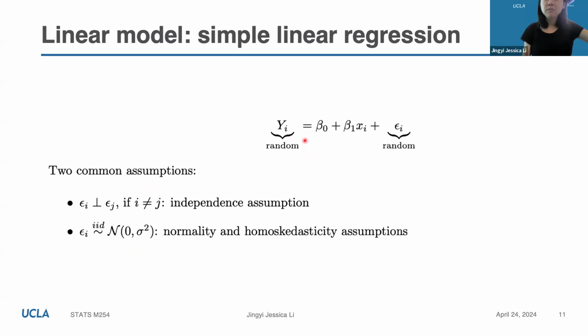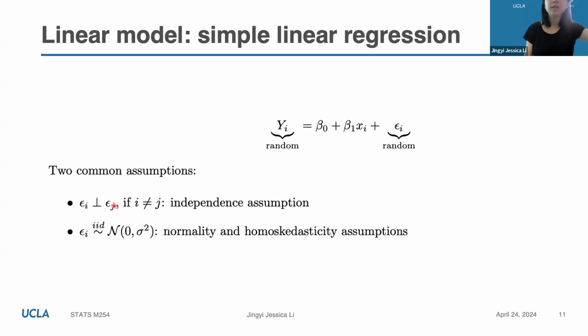So in the linear model, this is the simple linear regression. I think many of you should have seen it, right? The response yi is assumed to be an intercept plus a slope times one predictor plus random noise. This is for one observation, the ith observation: the predictor xi is the value of the predictor in the ith observation, yi is the value of the response, and this is the error term.